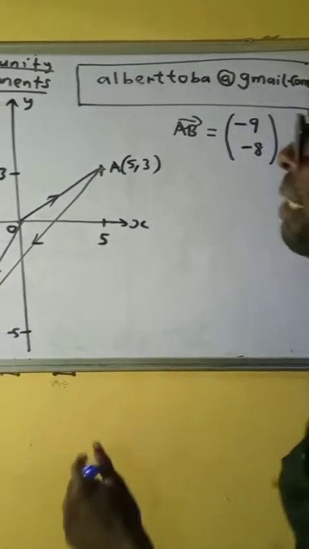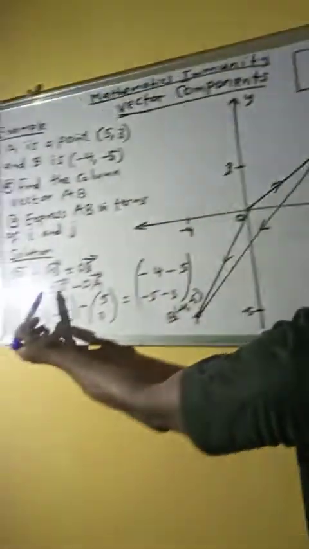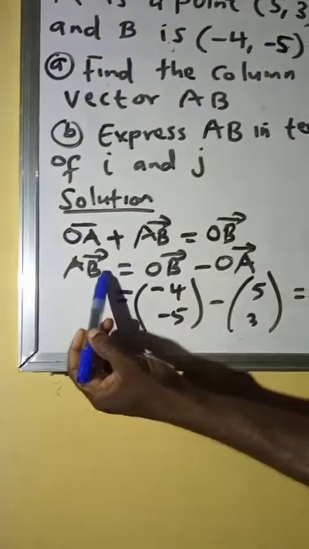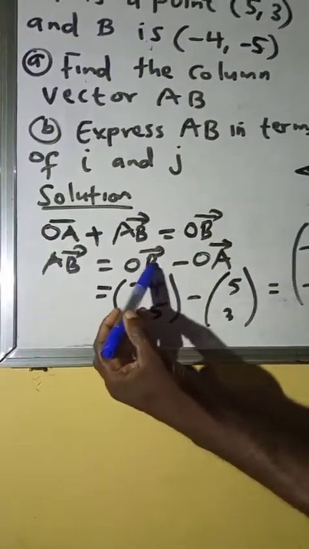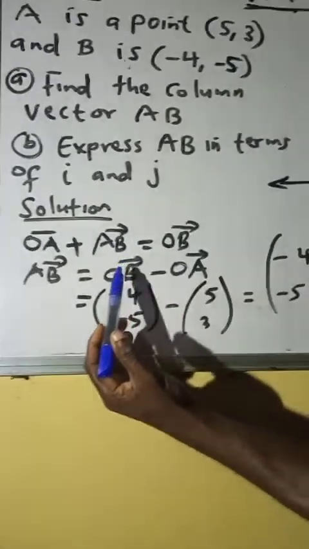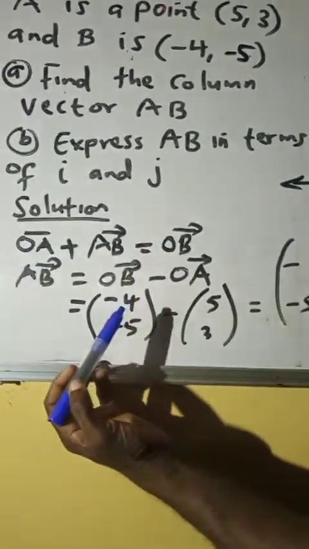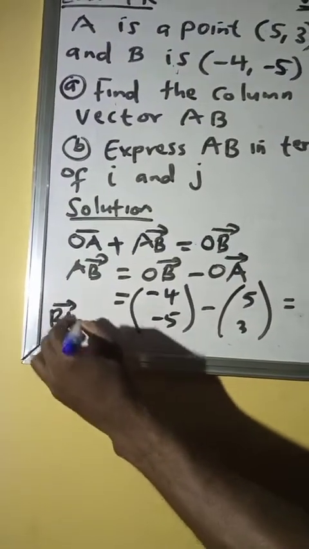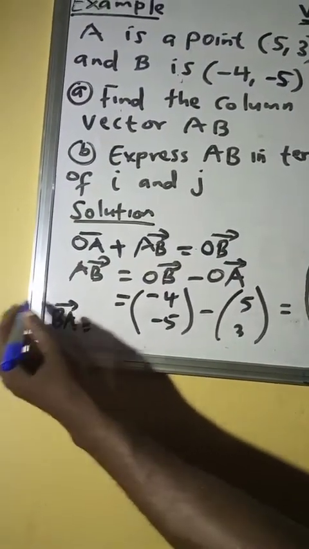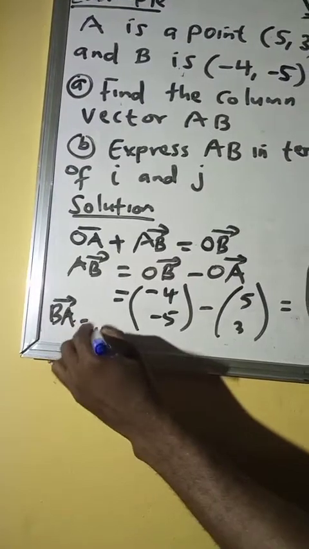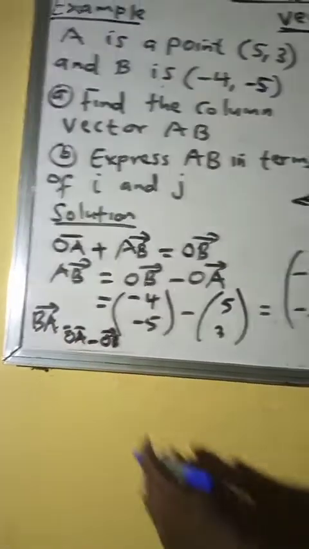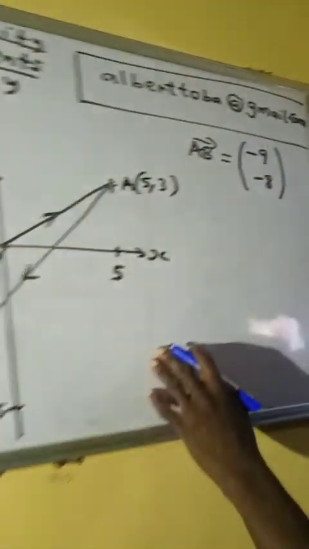So, without your Cartesian plane, you realize that AB is actually position vector B minus A, where B is OB as a position vector. If it is vector BA, it's going to be A minus B, that is OA minus OB as position vectors.